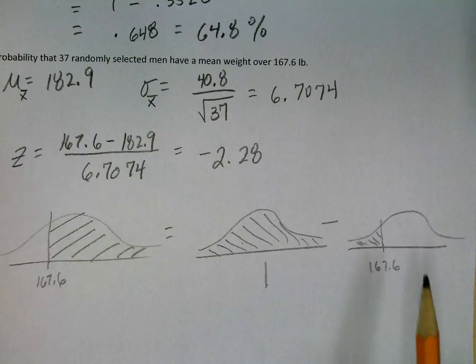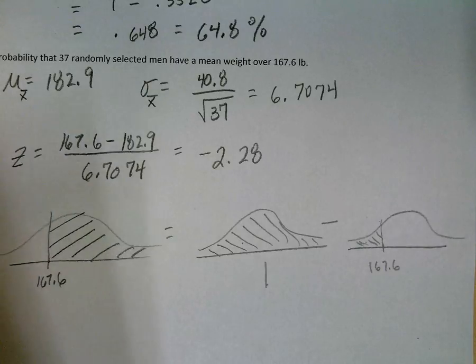So we need to find the probability that if we select 37 men, their mean weight is going to be less than 167.6 pounds. We use our z-score to do that. Once again, it's still negative, so we want to find negative 2.28.